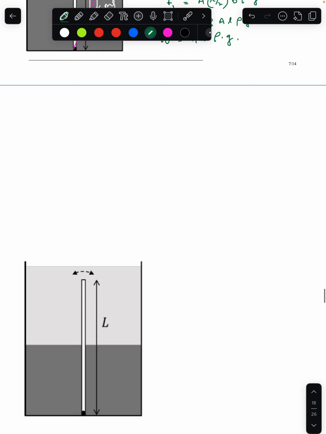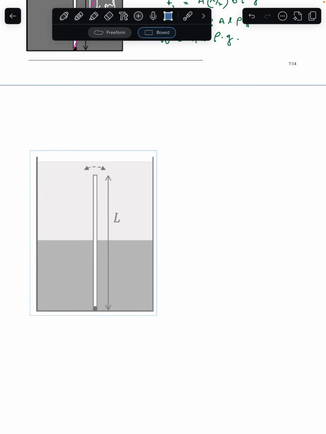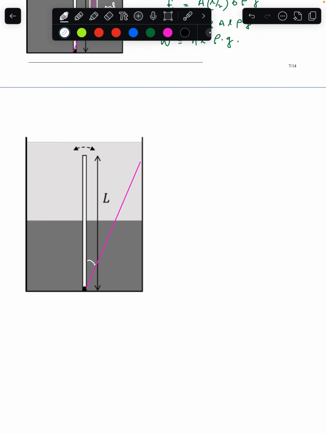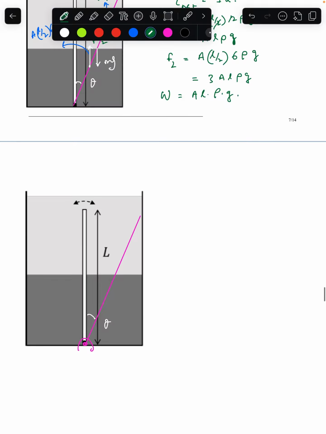Now I will take this diagram once again, and in this diagram we will cross check this. Check this out. Here is a rod, and this angle we have taken to be theta. Now I am going to take torque about this particular point. So tau net, how much does it become?